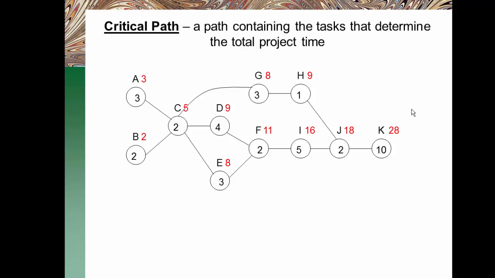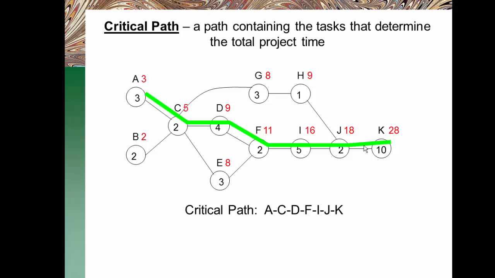So identifying the important tasks, the critical tasks, which will define the critical path, those are the tasks that if you make any improvement on them in regards to time, then that will affect the total project time.